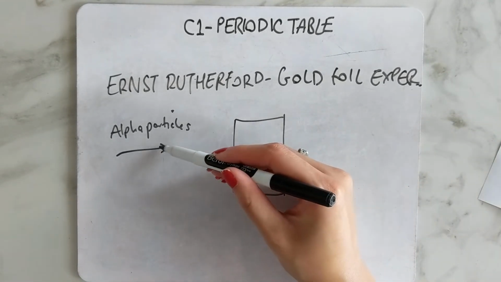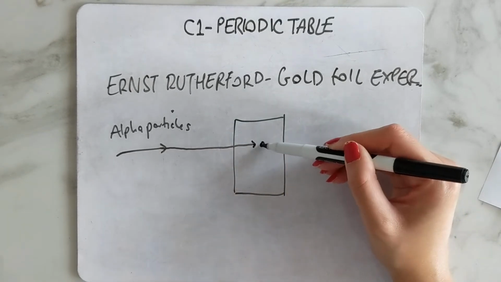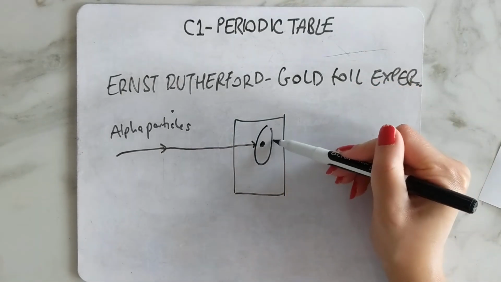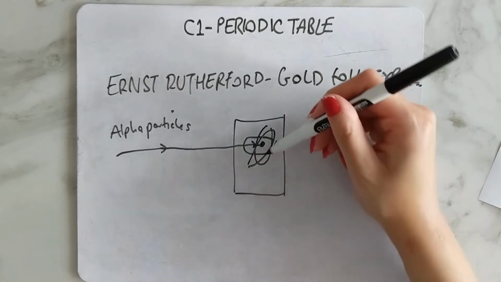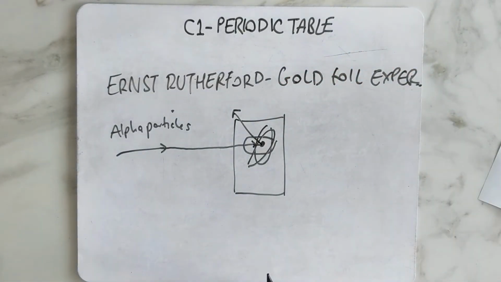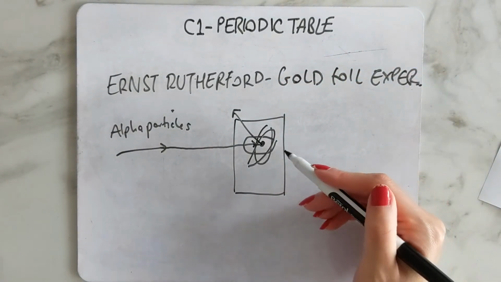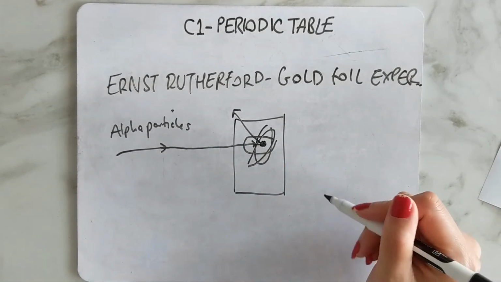So these beams hit the atom. So if I just draw an atom for you here. So they hit the atom, and some of the particles actually bounced back. They reflected back. So they must have hit something in the centre of the atom and reflected back.